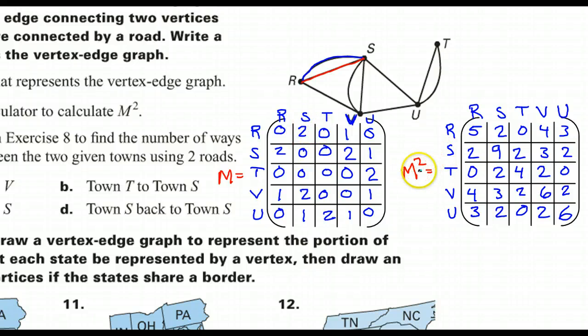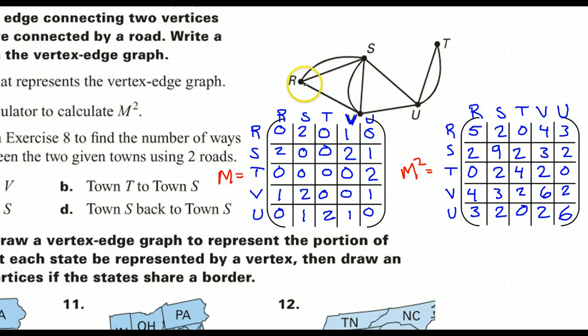Now, if you square the matrix, each one of these numbers represents how many ways there are to get from one point to another using 2 paths. Okay, so this exponent tells you how many paths you have to use. So for example, if I want to get from R to S using 2 paths, here's one way I could do it.